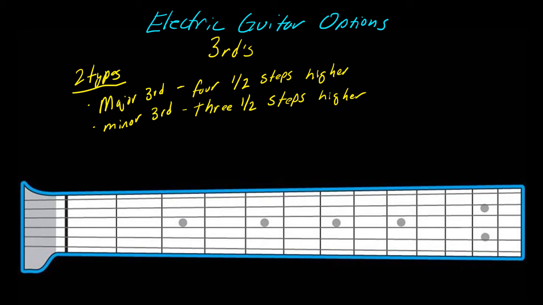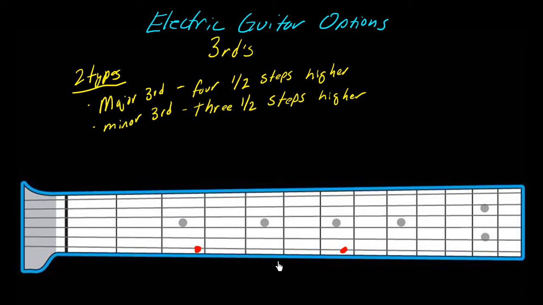So if I were to go to this note here, this is a G or number 1. If I were to build a major third from this root note, that's 4 half steps higher. So from here I would count 1, 2, 3, 4. That would be a major third away.